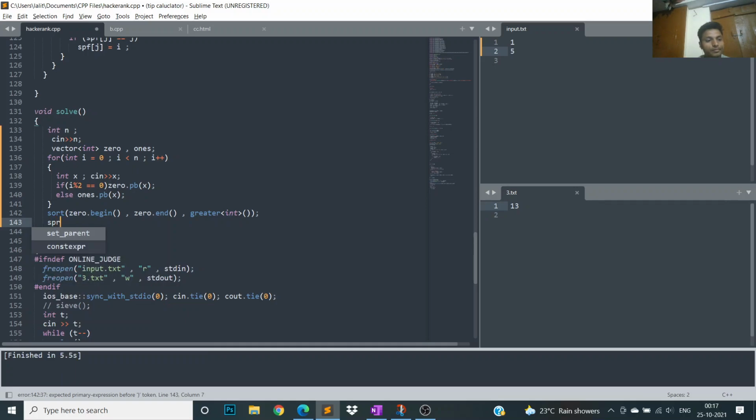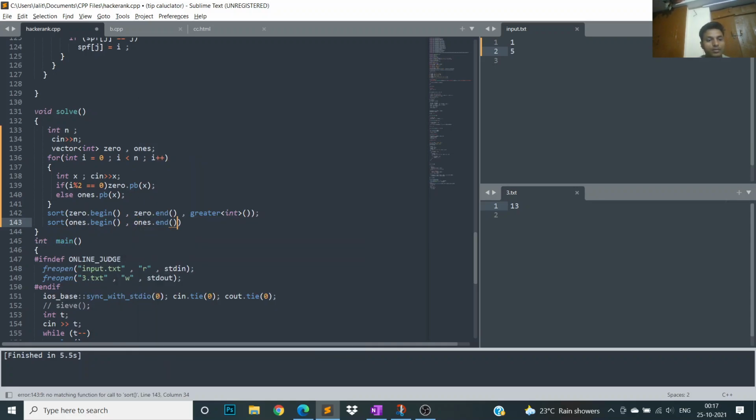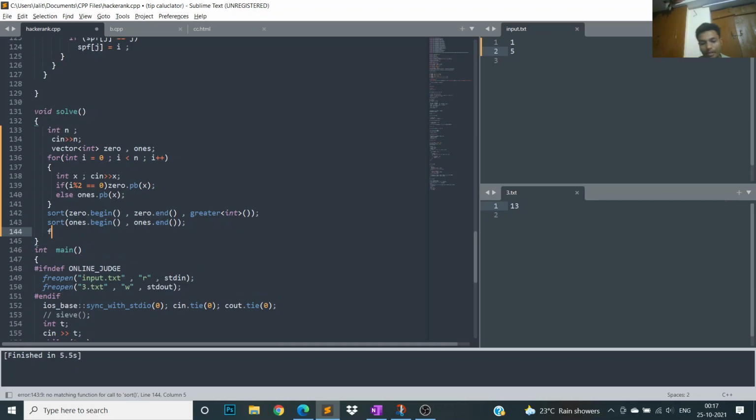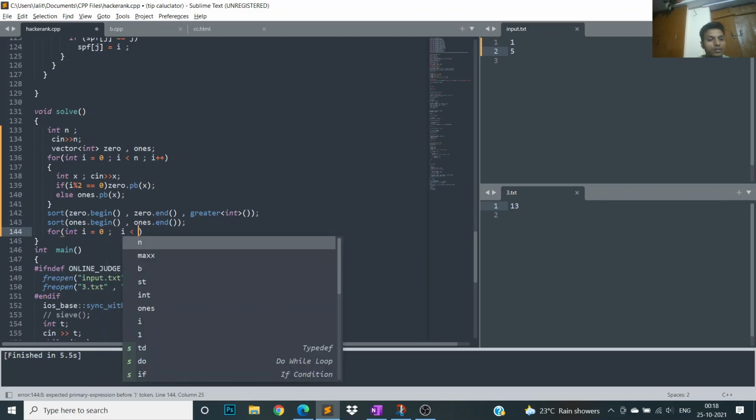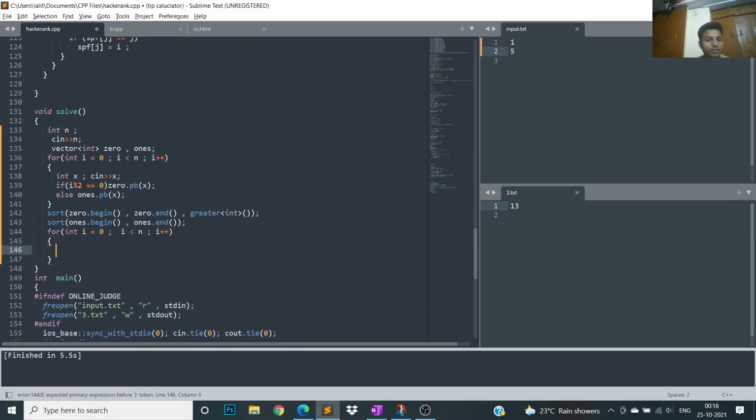And what about the ones? Ones we sort in simple increasing order. Okay, now for i equal to 0, i less than n, i plus plus.